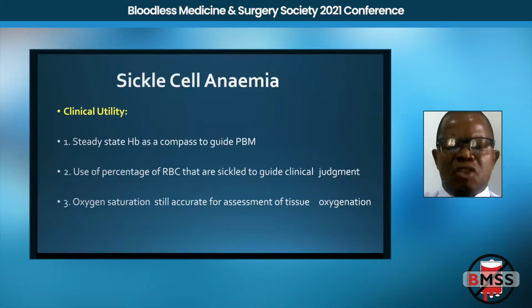But people have done work and found that in people with sickle cell anemia, when tissue oxygenation is measured with pulse oximeter, it is fairly accurate. And this can be used to manage them using the patient blood management method instead of just hypertransfusion or double transfusion. Next slide, please.